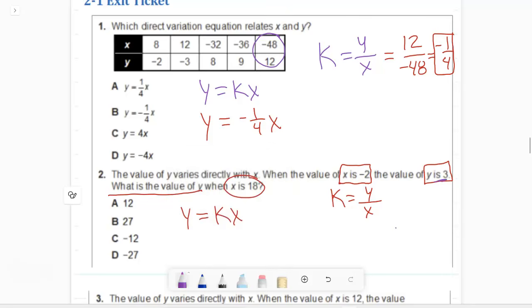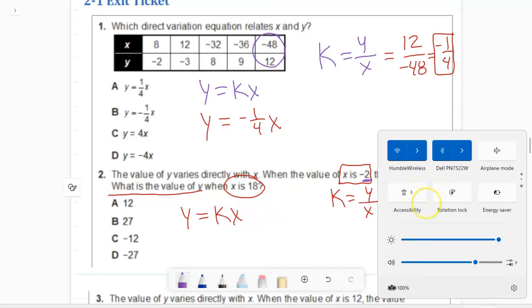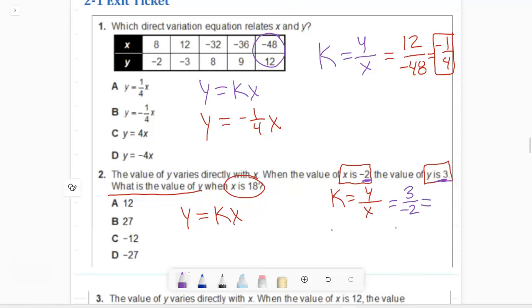So they told me that the y is 3. I'm going to put 3 on top. And the x is negative 2. Put that on bottom. Type that in decimals, and it gives you a negative 3/2. So that's y equals negative 3/2 x.